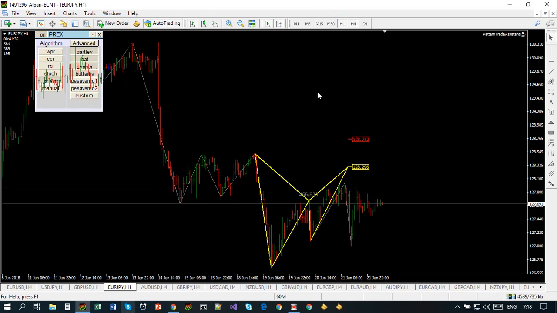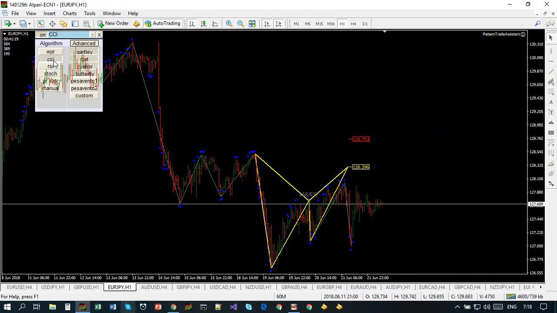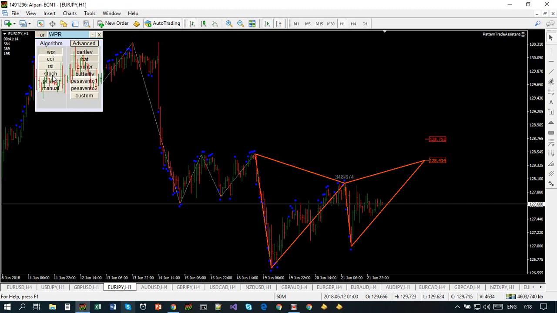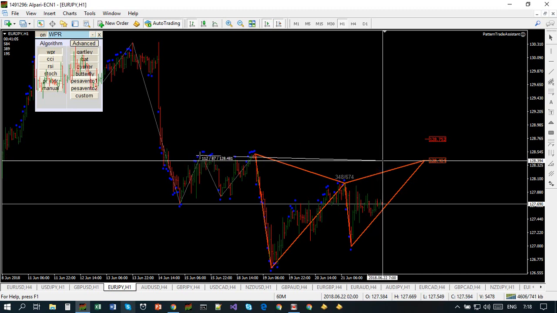What is there on 1 hour time frame? We had a potential bet formation according to advanced pattern approach, not an obvious one. Have a potential Gartley according to advanced pattern approach, but stochastic algorithm, let us say it is supported by RSI. Commodity channel index does not support that, and it is supported by volume percentage. 3 of 5 say that the Gartley is seen here, pretty deep Gartley, and look at this 1, 2 structure level.